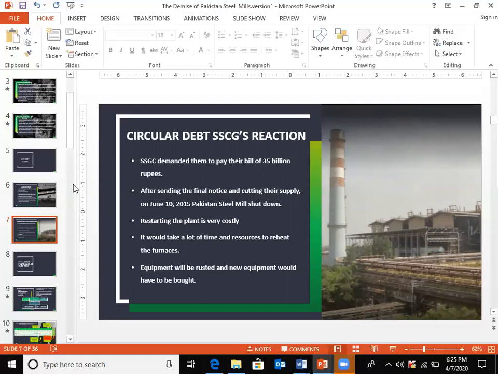Obviously, Karachi is close to the sea, and when you leave anything stationary for a very long period of time, in this temperature, in this environment, it does get very rusty. So unfortunately, that's the current situation of the steel mill.